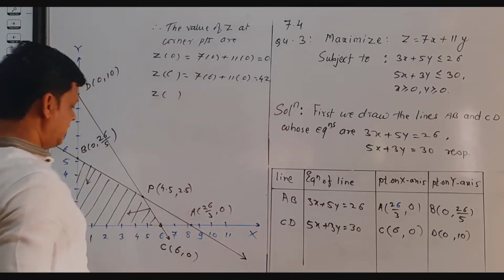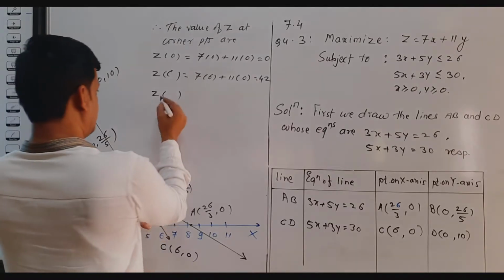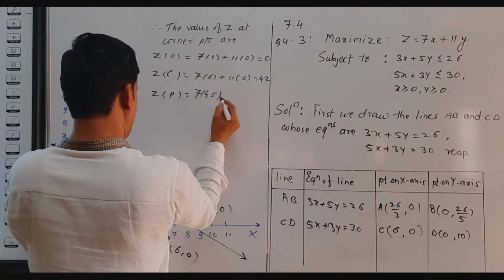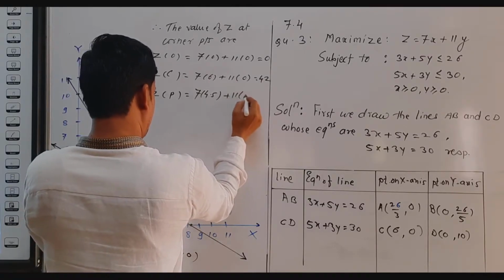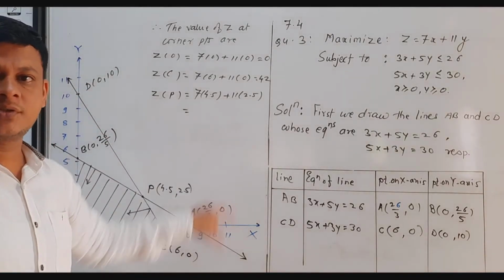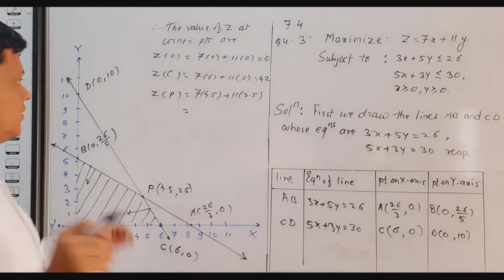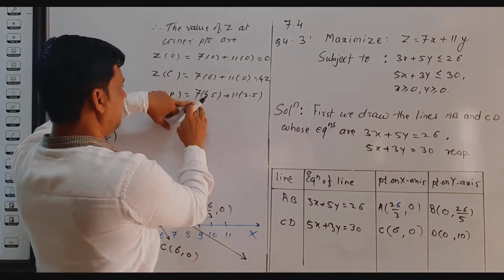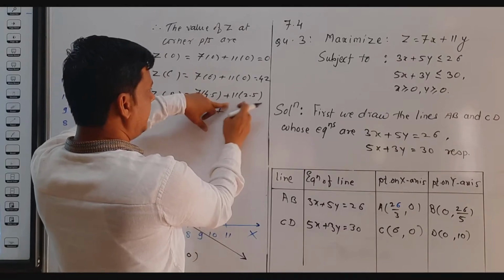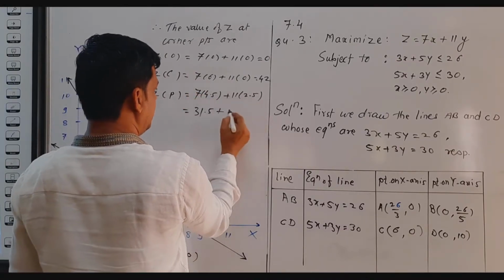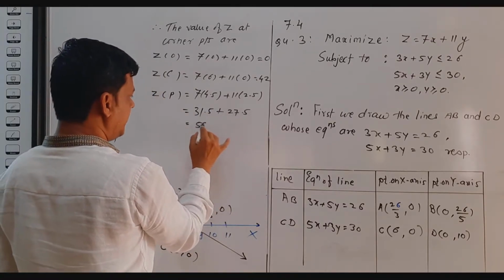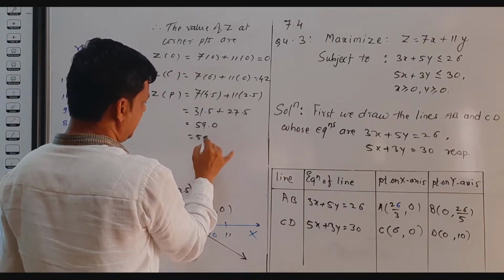Then we have to find z of P. So z of P is equal to 7 into 4.5 plus 11 into 2.5. So first we multiply these two terms. So when we multiply this 7 by 4.5, we get 31.5. When we multiply this 2.5 by 11, we get 27.5. So when we add this, we get 59.0, which is equal to 59.